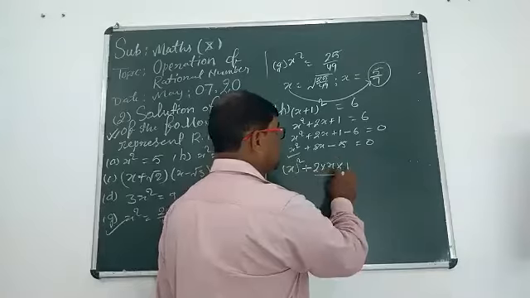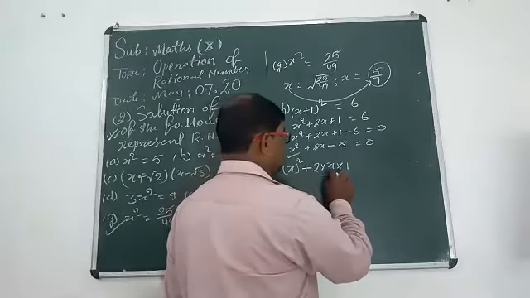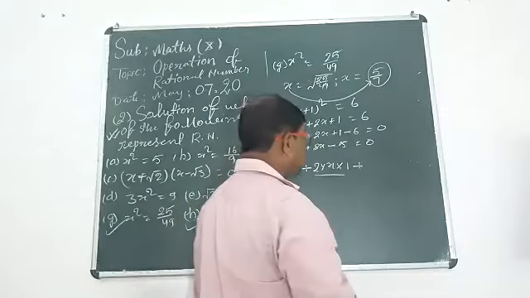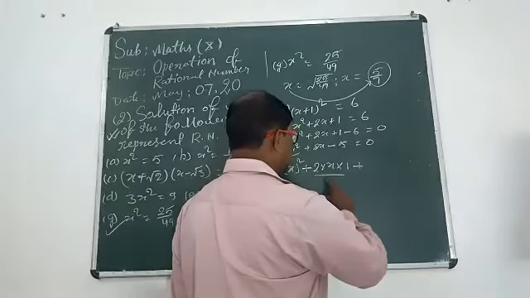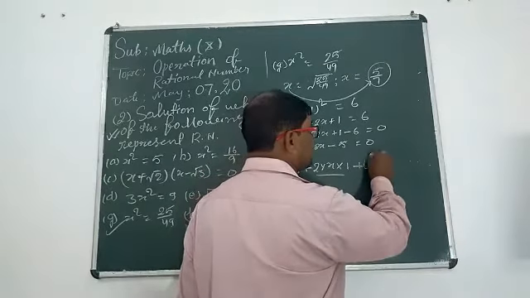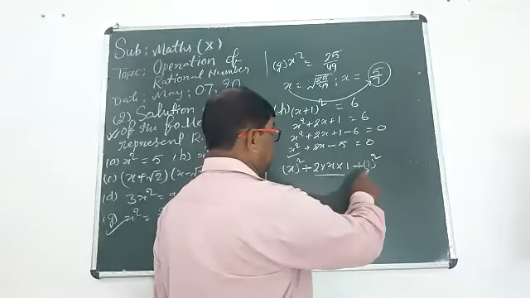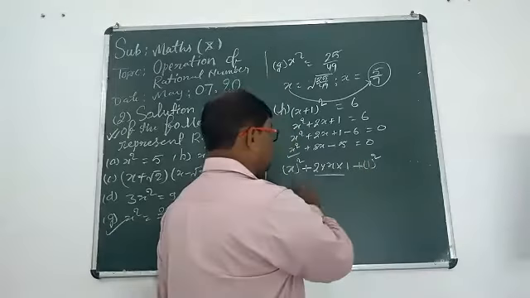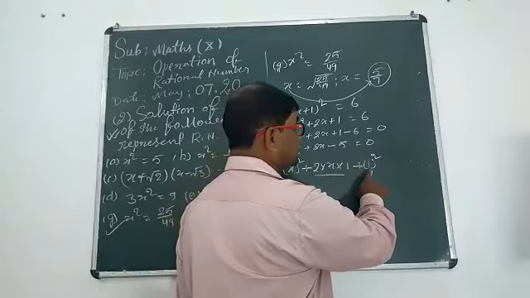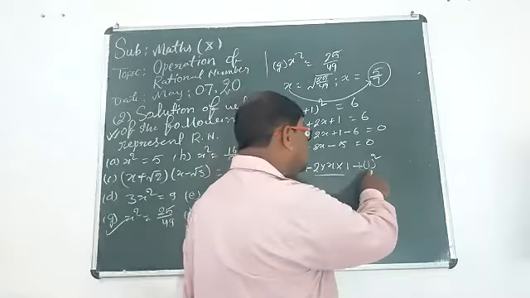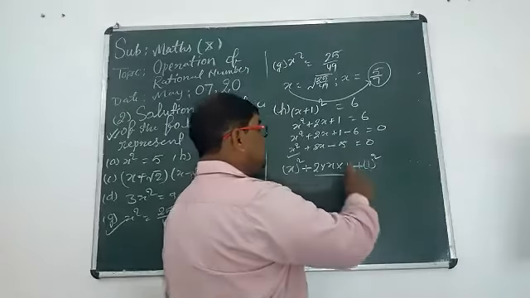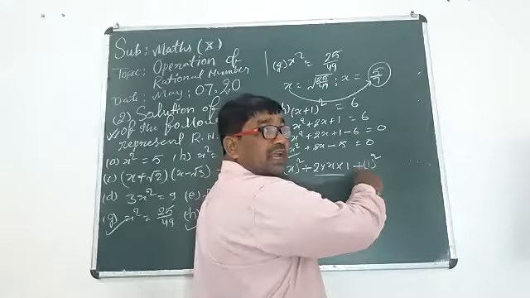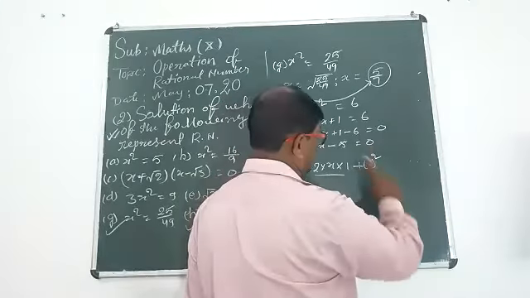Now, a square plus 2ab plus b square. So, b square is 1 square. If you are writing here 1 square, that means 1. So, we are adding 1 here, so subtract 1 also.